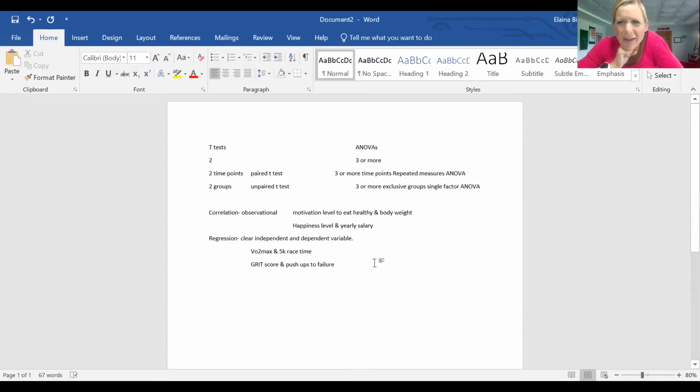Okay, I think that's pretty much what you need to know for this class for statistical analyses. With ANOVAs, we can certainly run what's known as a post hoc analysis. If there is a significant difference between your groups, it doesn't tell us which group there is significant difference between.